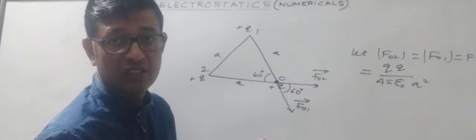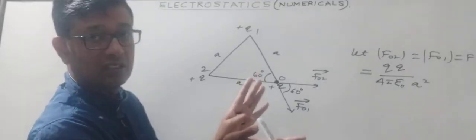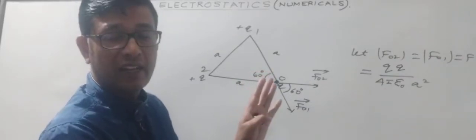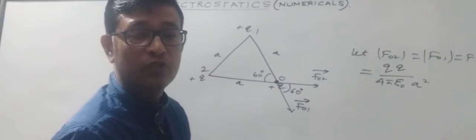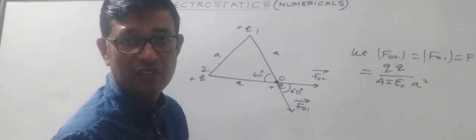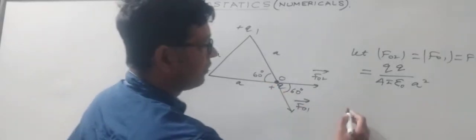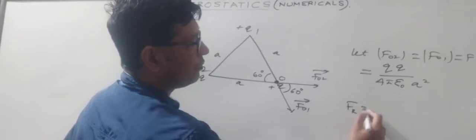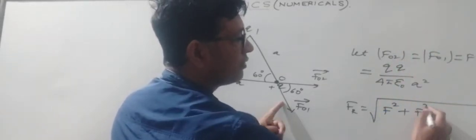It's a vector quantity. So we are aware if the two vectors A and B, right, are inclined at an angle theta between them, then the magnitude of the resultant is given by square root of A square plus B square plus twice AB cos theta, isn't it? So over here, the resultant would be given by A square plus B square, again magnitude is F, plus 2AB and the angle between them.